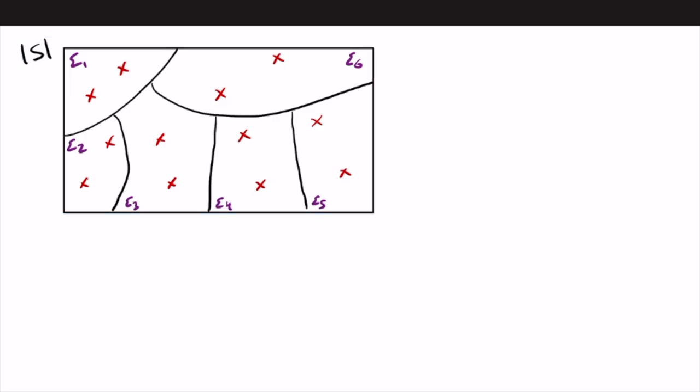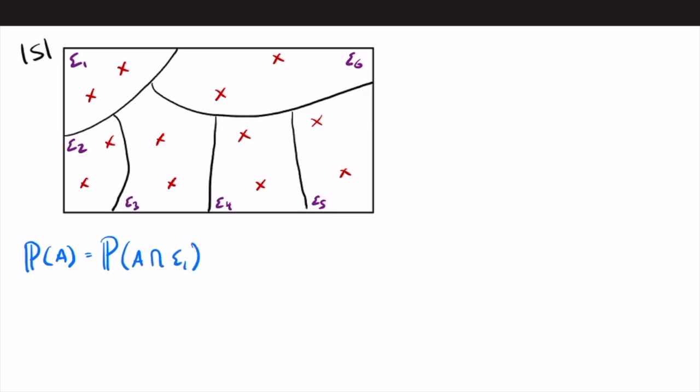Let's take this idea of the law of total probability and show a generalized form with our partitions in our sample space. So we have the probability of A equals the probability of A and E1.